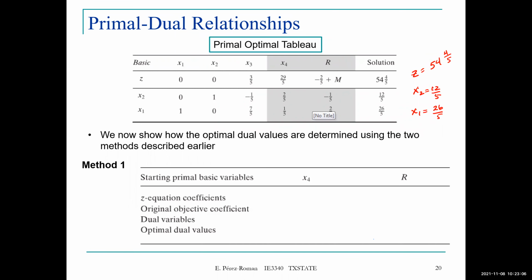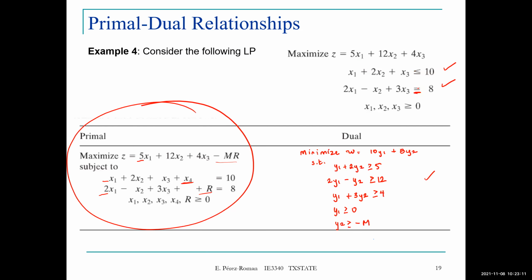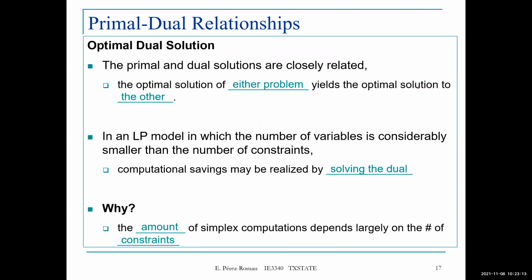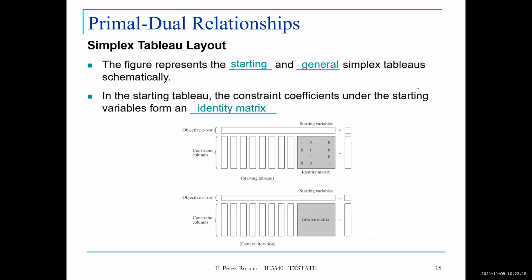Okay, so remember in the original problem, we go back here, in the original problem, the identity matrix in the first iteration is telling us which are the basic variables for a problem.